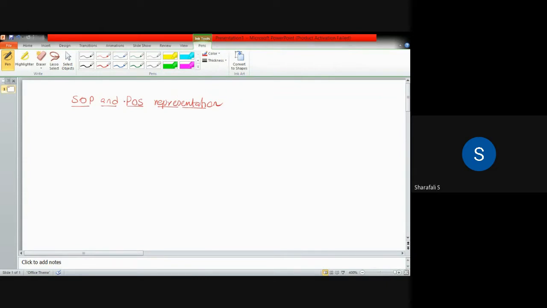Now let's consider a truth table first. So let's consider three inputs A, B, C, and the output Y. So these are your inputs. This is your output. Okay. So we are having three inputs and one single output.